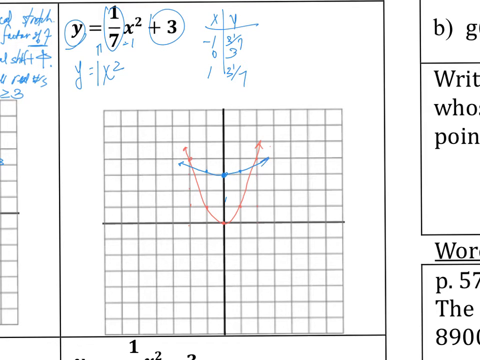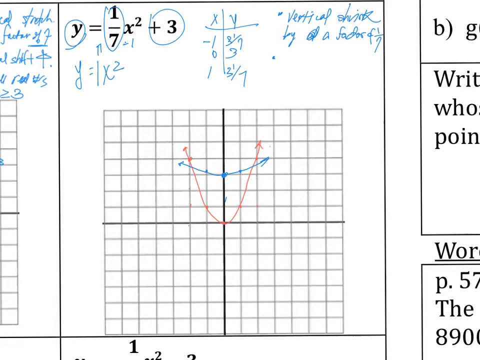You can see that the graph has become wider, or you can say there's a shrink. So we can say this is a vertical shrink by a factor of 1/7.